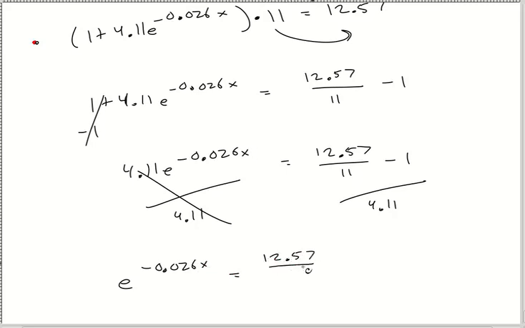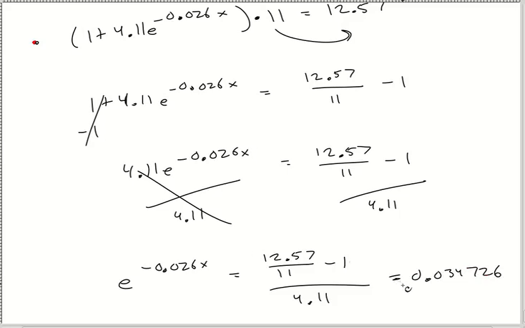Now, couldn't I have simplified some of this stuff on this side by now? Yeah, let's go ahead and do that. I'm going to put that whole thing into the calculator right now. So 12.57 divided by 11, enter, minus 1, enter, divide by 4.11, enter. And I got 0.034726.